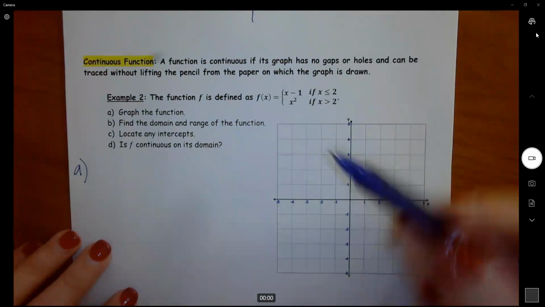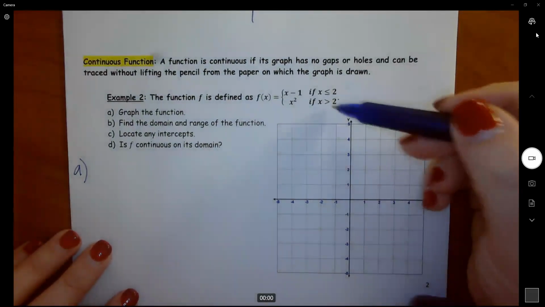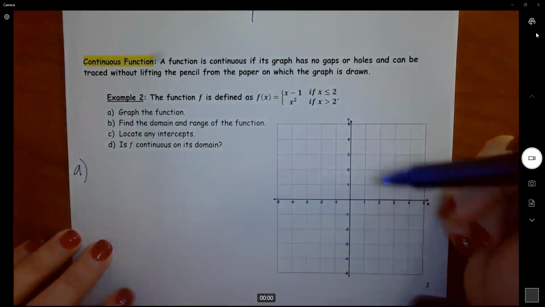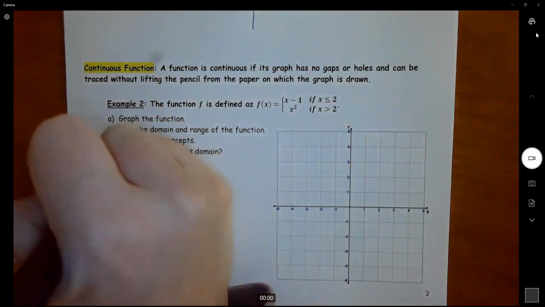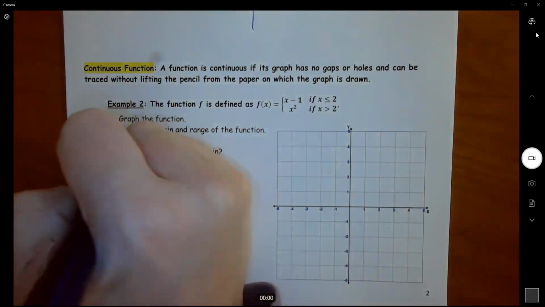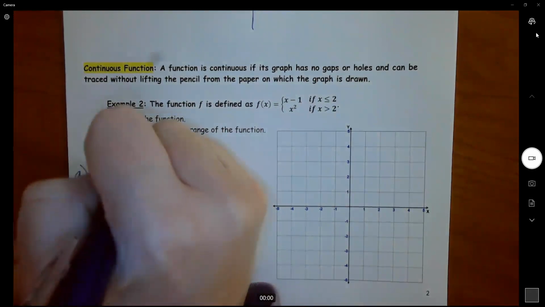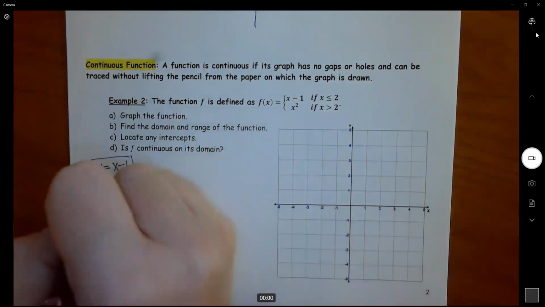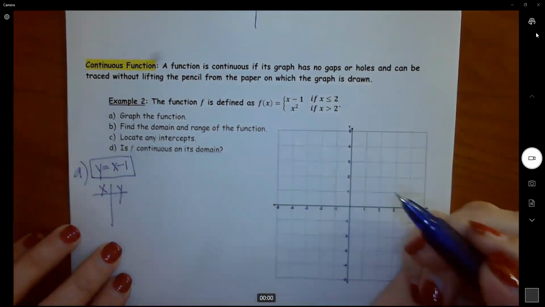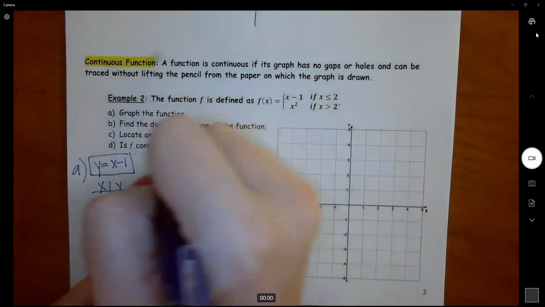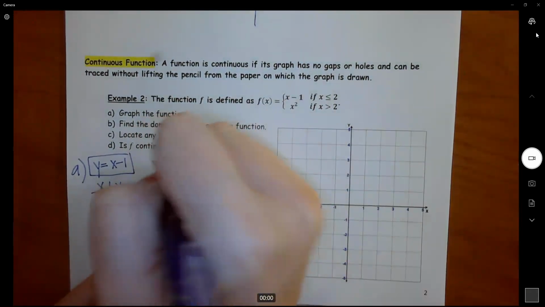when we graph, we need to make two separate tables for our two separate equations. So my first one is y equals x minus 1. And my second one is y equals x squared.